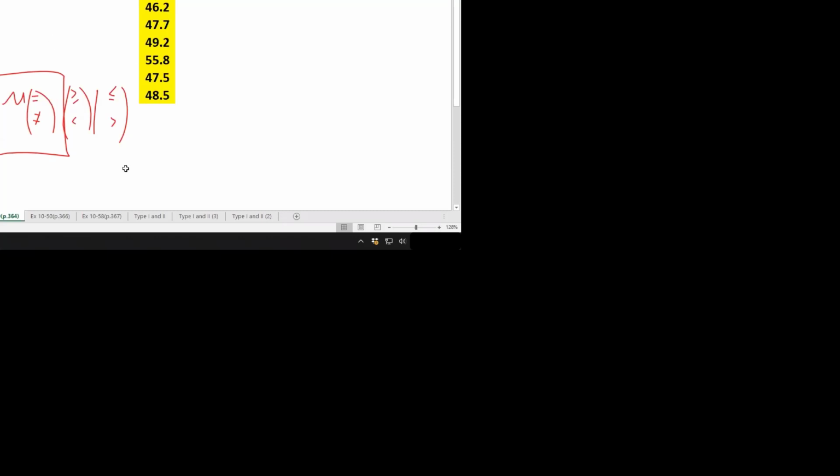All right, so to use the template, we will need to compute the average, the x bar. The x bar is 48.2. Let's see if that is exactly equal to that number. All right, it's 48.21. What was sigma? Sigma was given as 3 pounds.